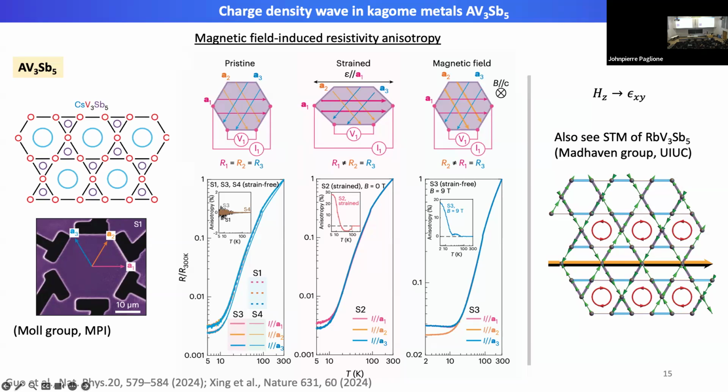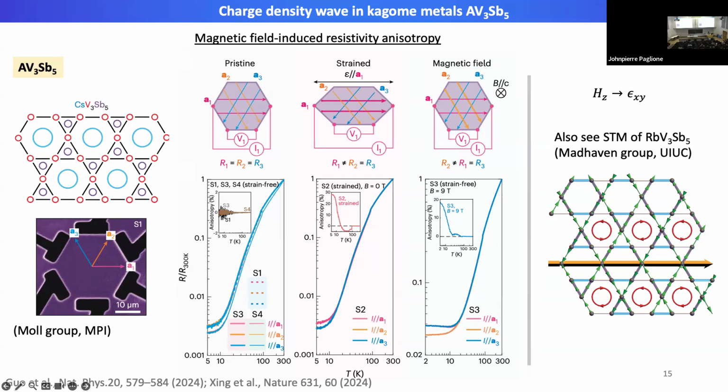This resistivity anisotropy is equivalent to the application of in-plane strain to the state. So in other words, this observation seems to suggest that there is a piezomagnetic coupling through which the z-axis magnetic field can induce in-plane distortion of the electronic states, and this is captured by the anisotropy in the resistivity.